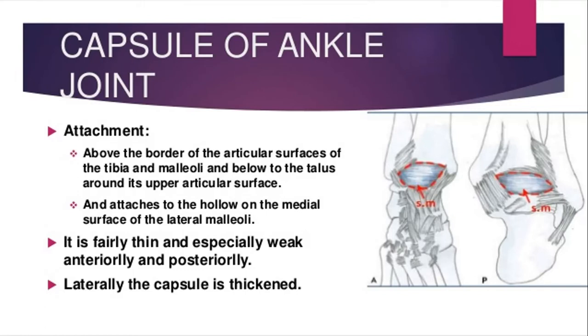And it is thin and weak anteriorly and posteriorly. If you move your ankle backward and forward, dorsiflexion and plantar flexion, you can imagine that it must be weak here to allow the movements, and laterally, so that the joint should not dislocate, the capsule is thickened.